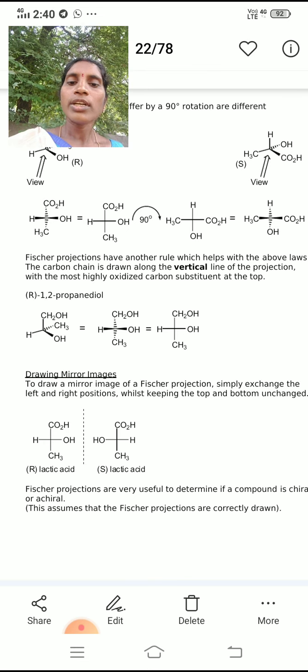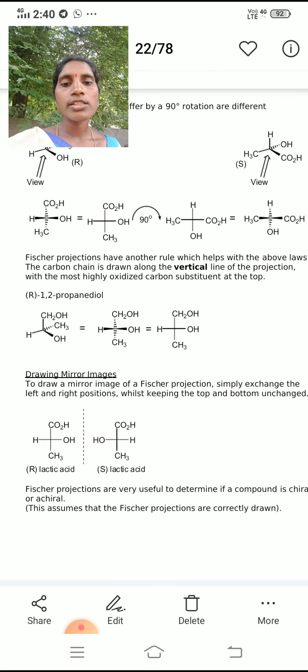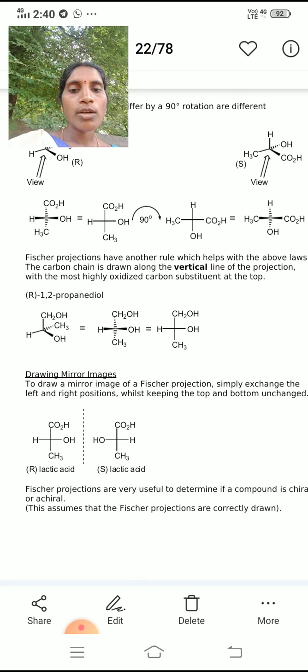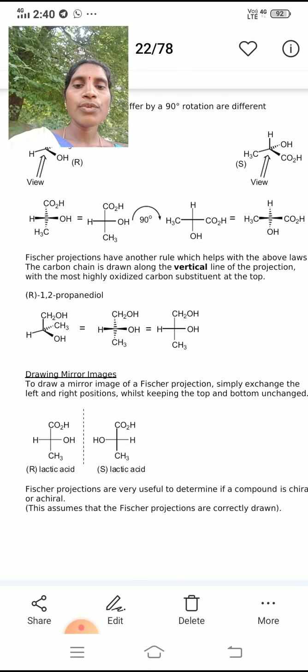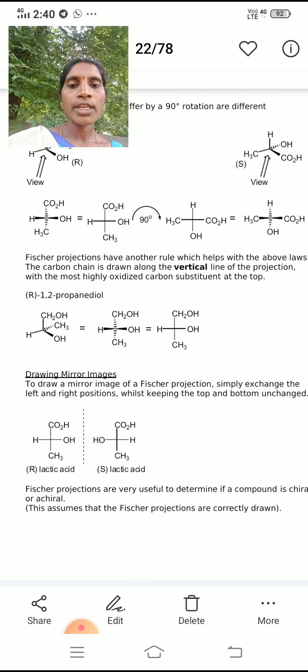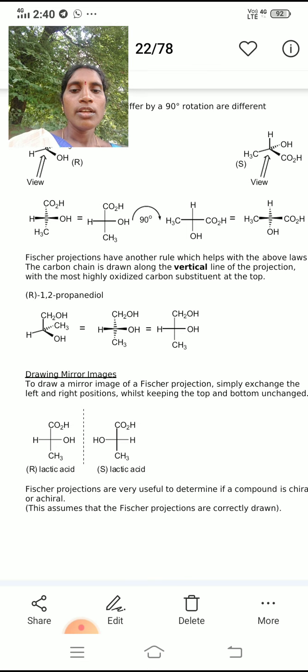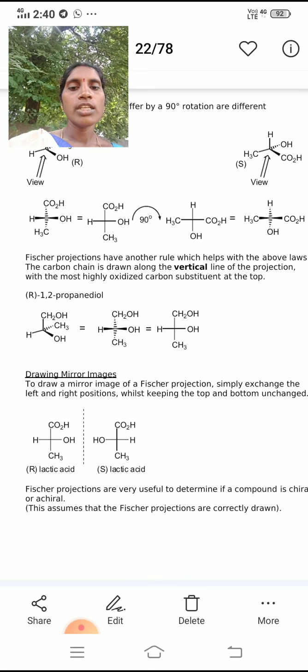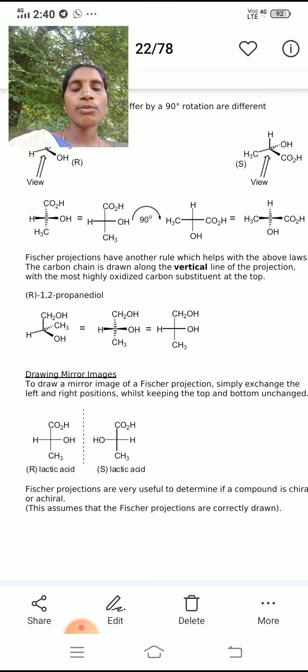For D configuration, the hydroxy group is written at the right side of the horizontal line. For L configuration, the hydroxy group is written at the left. So these are Fischer projection formulas.